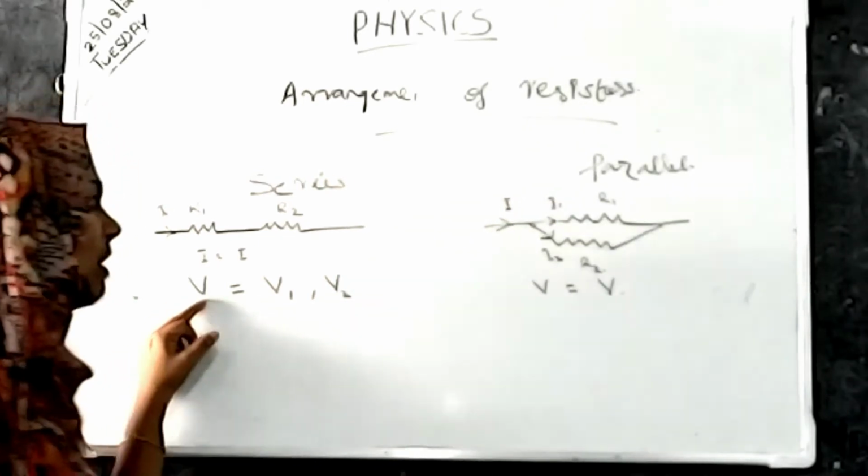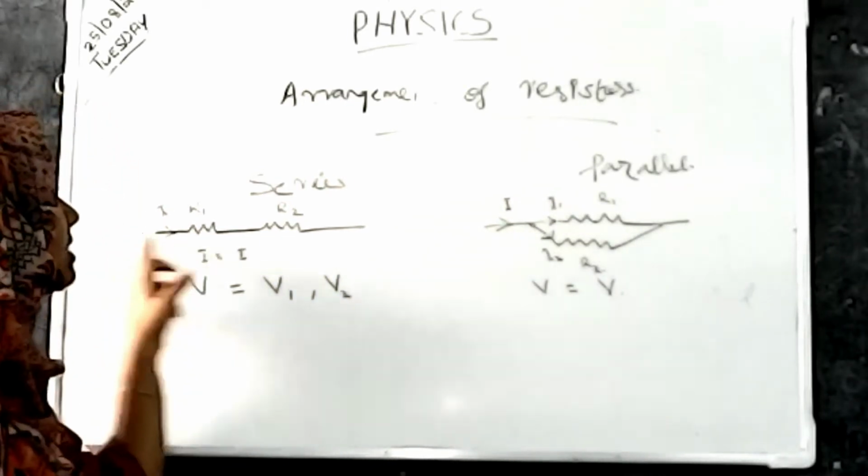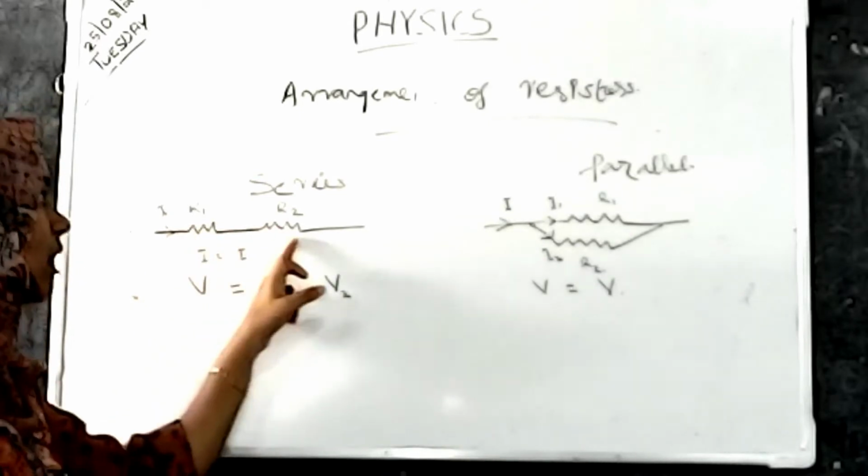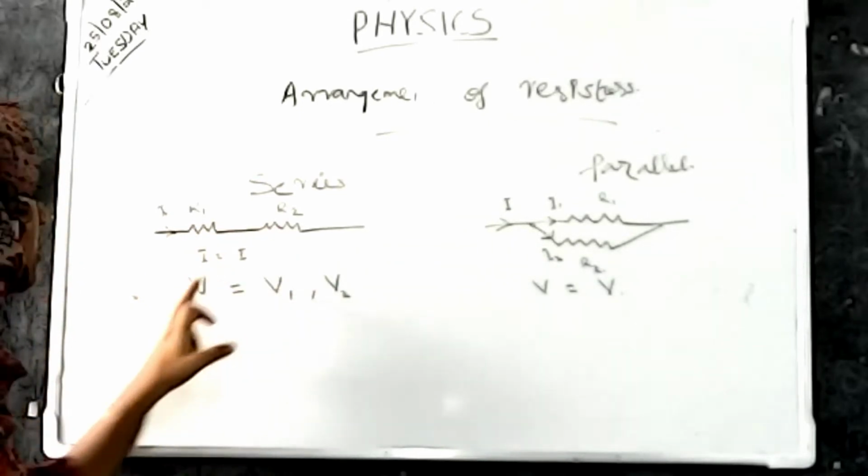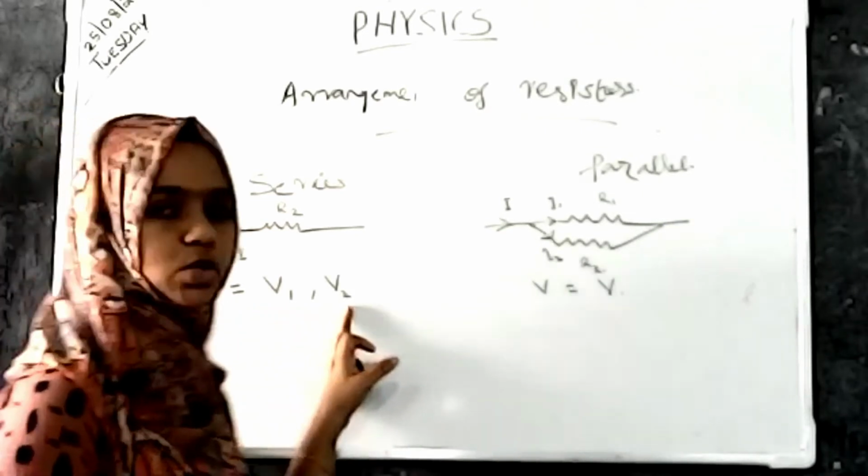And we say that in the series connection with R1 and R2, I is not changing, and in the potential difference V is equal to V1 and V2.